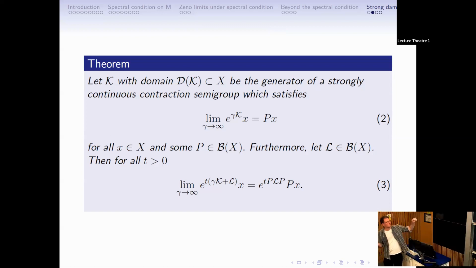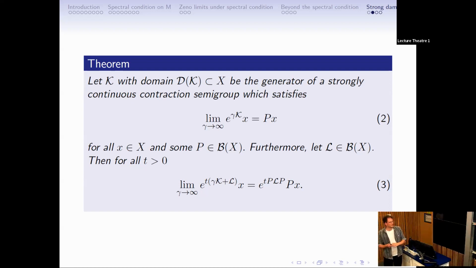So as gamma goes to infinity, everything gets damped down into the projector on the invariant subspace. And then the result is that, strongly again, for all bounded generators L, this effective sum dynamics strongly converges to an effective Zeno dynamics on the subspace P.